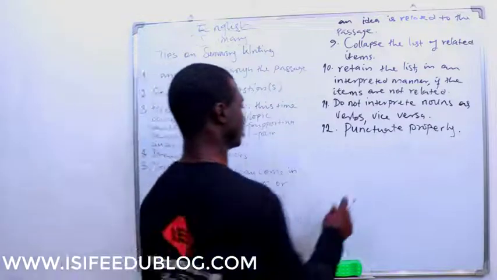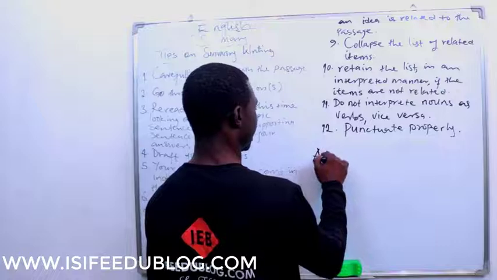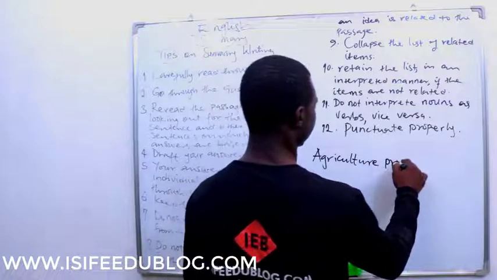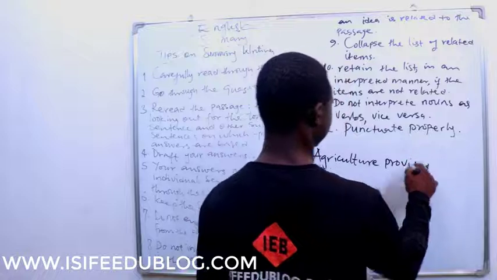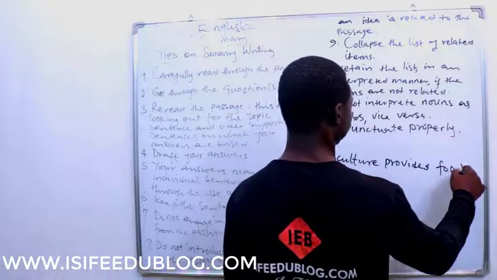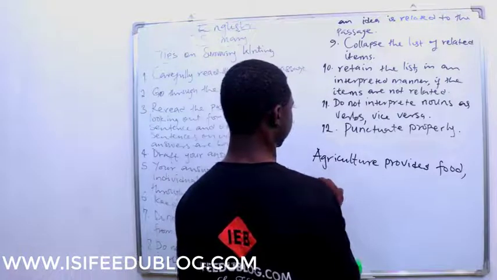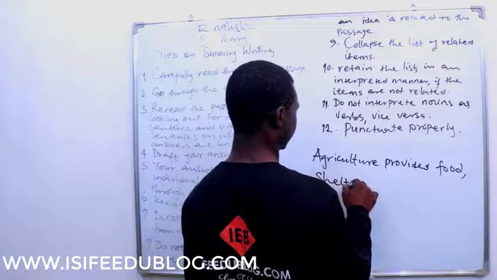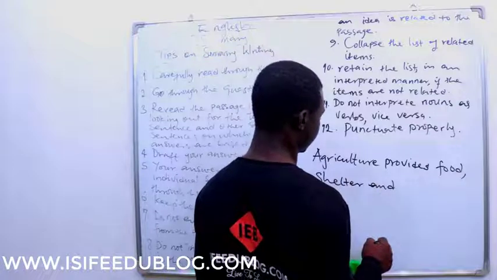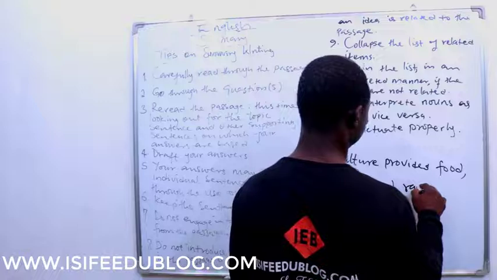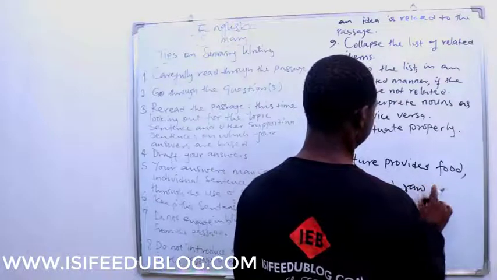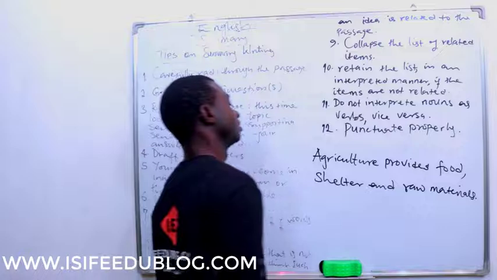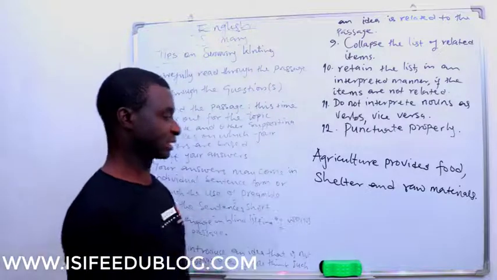So if we are told agriculture provides food, shelter, and raw materials, you cannot collapse this list.